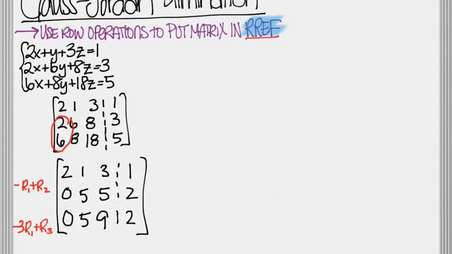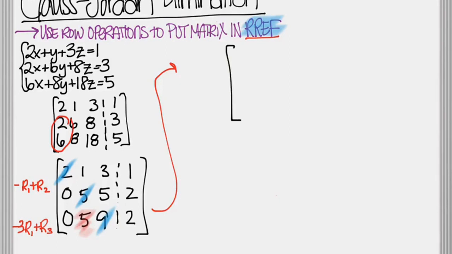Alright, so that's what I have so far, and our next goal will be, again, we have a couple options here. These I need to get to be the leading ones, and this guy I need to get to be a 0. So the order that we do this doesn't matter as long as that's our goal at the end. So I'm going to next actually get that 5 that I highlighted in red to a 0, because I can now use that second row 5 to help me out. So I'm going to do negative row 2 plus row 3.